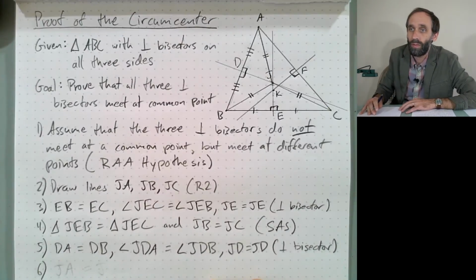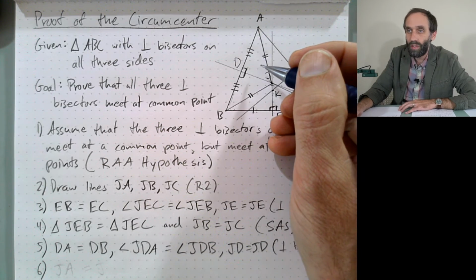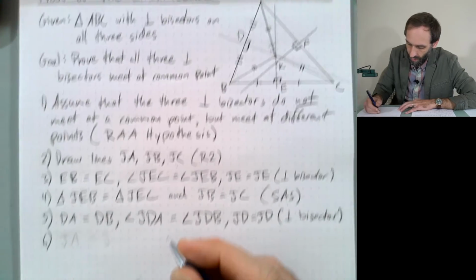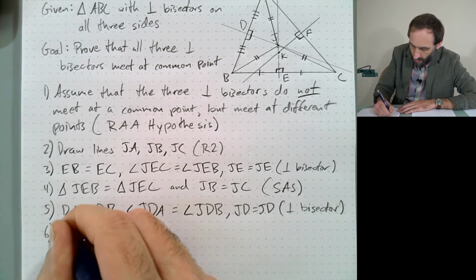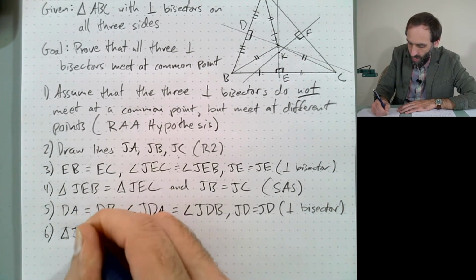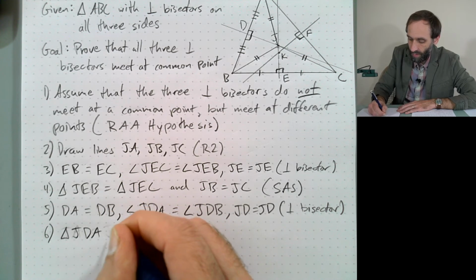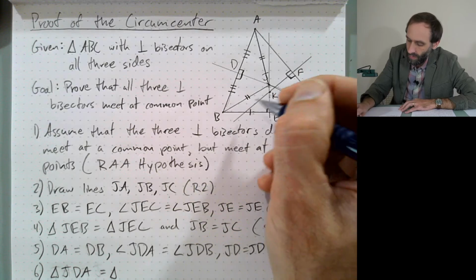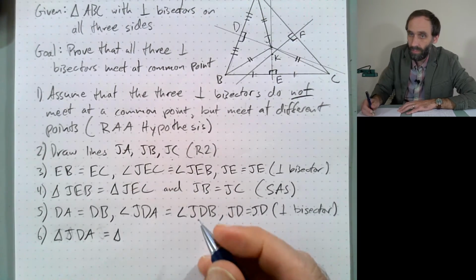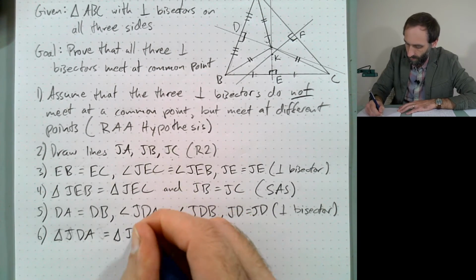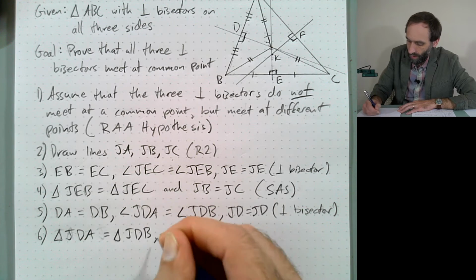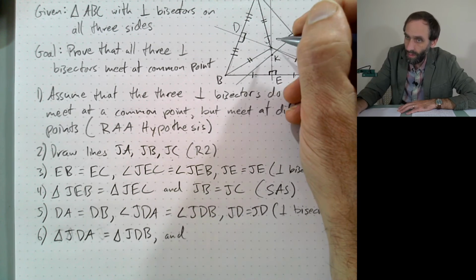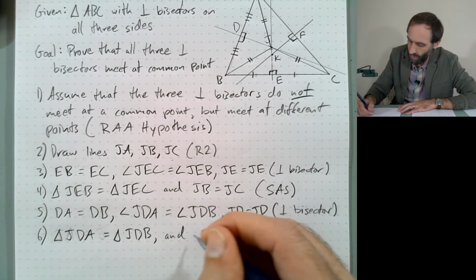Oops, you can't even see what I'm writing, can you? I want to refer to the diagram too, but I'll shift it down. So triangle JDA is equal to triangle JDB, and therefore, JA is equal to JB.